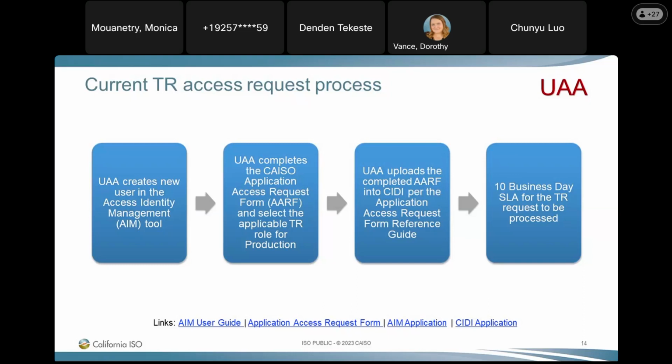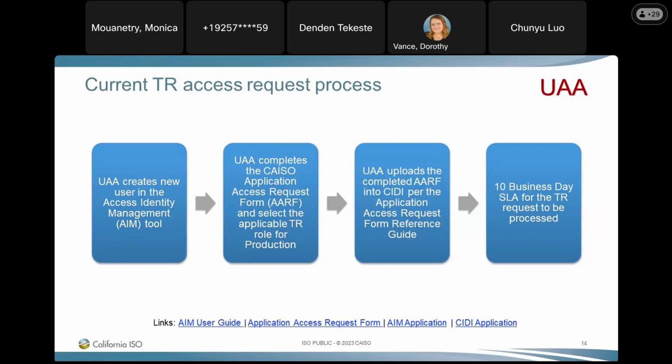So they have to go in there and create the users. Then they have to fill out a separate form, an application access request form, the ARC form. And in that supplemental form, they have to select the applicable roles for the user. And the only option that they had was for production.